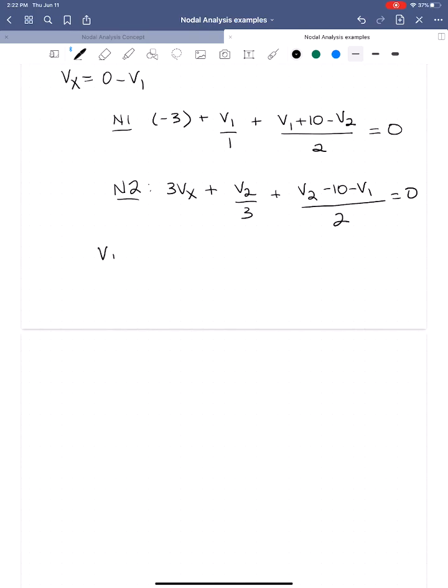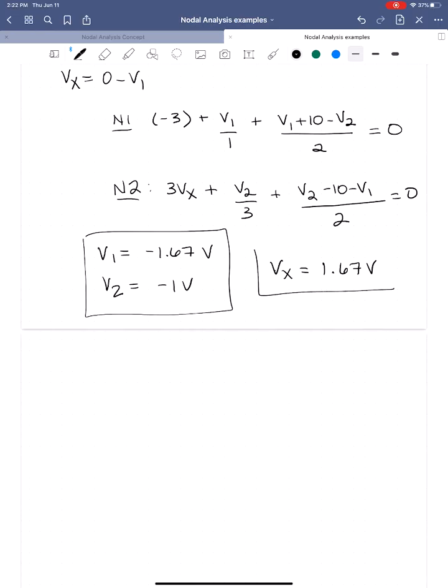We'll have V1 is equal to minus 1.67 volts, we'll have V2 is equal to minus 1 volt, and then Vx is equal to plus 1.67 volts. So there are our node voltage equations, and there is the voltage we were asked to solve for.